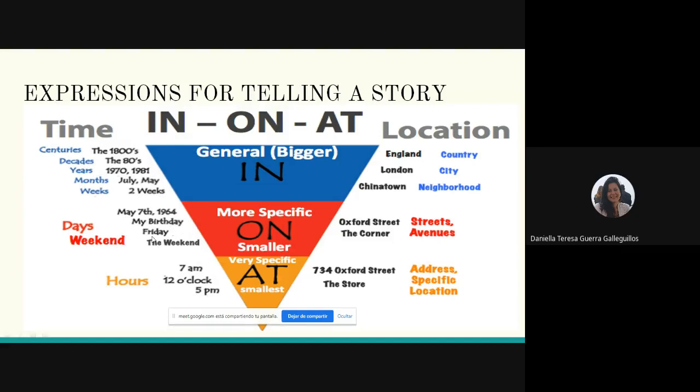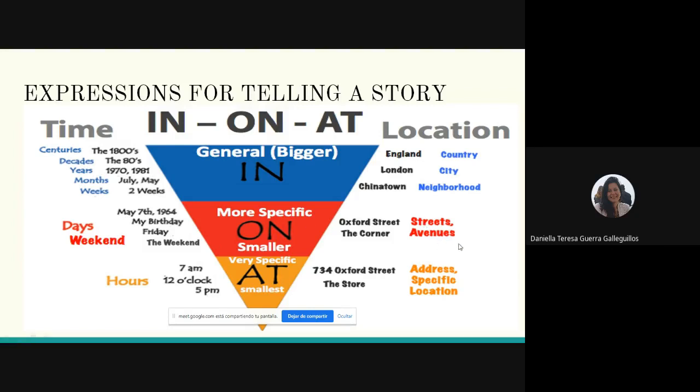Cuando tiene los días de la semana solitos, on Friday, on Monday, on Tuesday. Ojo acá, que aquí sale on, porque este es americano, este slide. Pero en inglés británico tú dices at the weekend. On the weekend is in Canada, in the United States, but at the weekend is in Europe and also in Australia.